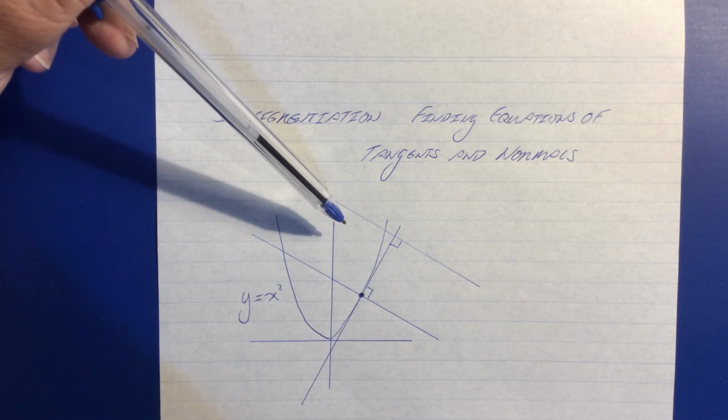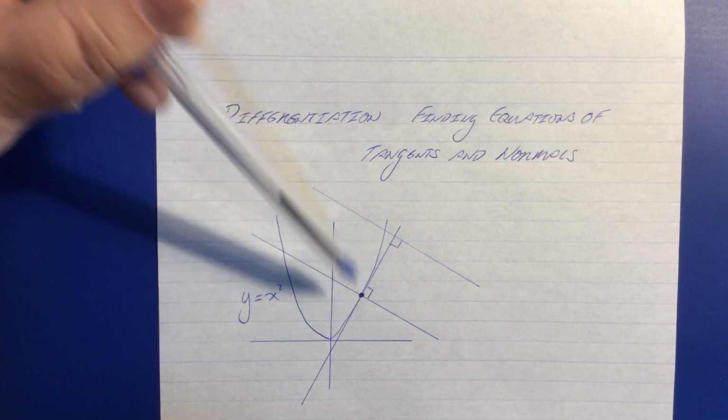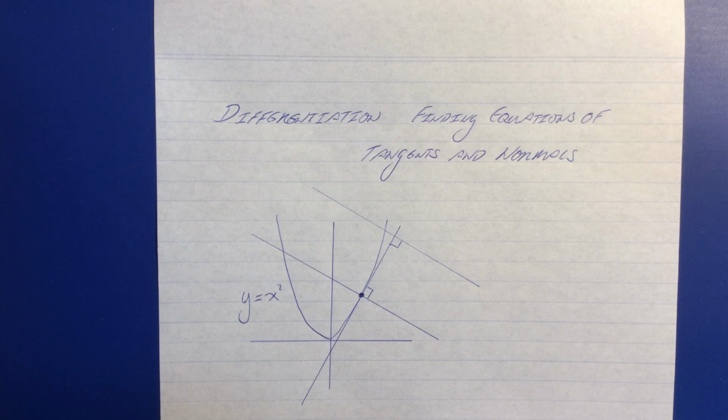They're perpendicular to the tangent, and if you want to see a video specifically on perpendicular lines and how you find them, how you calculate their equations, there's a video in the playlist on linear equations.